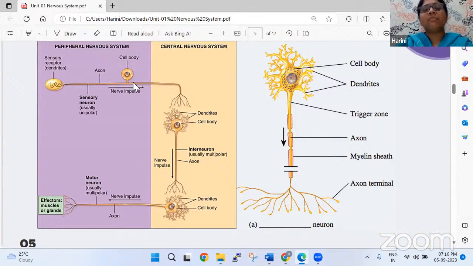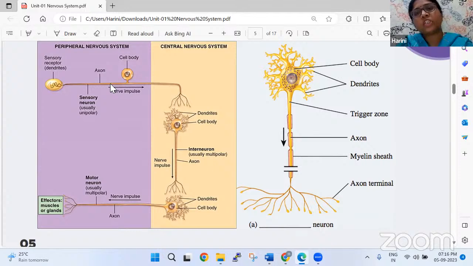And this action you call a nerve impulse. This is otherwise an electrical signal or electrophysiology. All the chemical changes, the ionic changes happen inside, which helps in transmitting this information from the sensory receptor towards the axon terminal.